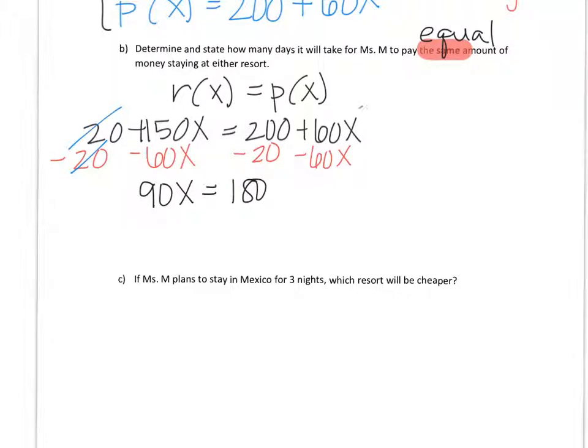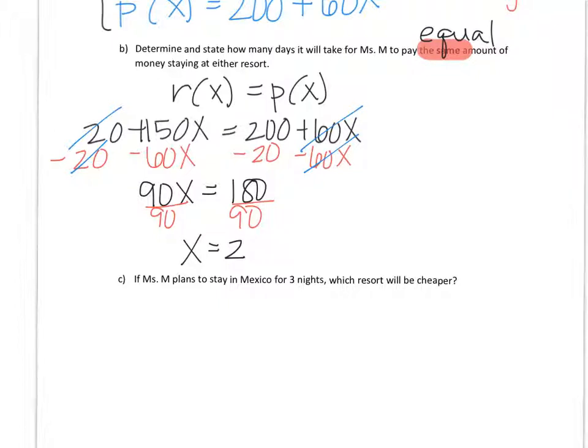And then the 60x minus 60x cancel. And then to get x all by itself, you would have to divide by 90. And so x is equal to 2. So it would take 2 days to stay at these two hotels for them to be the same cost.